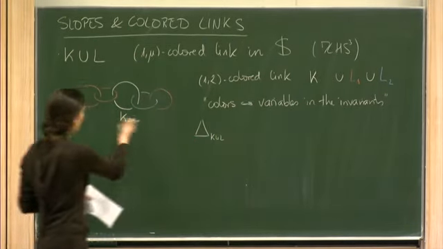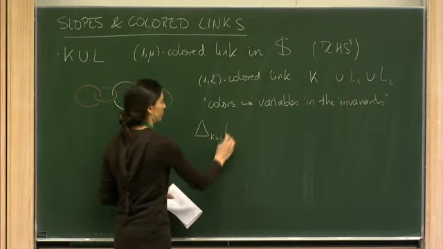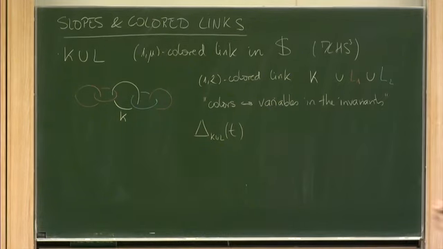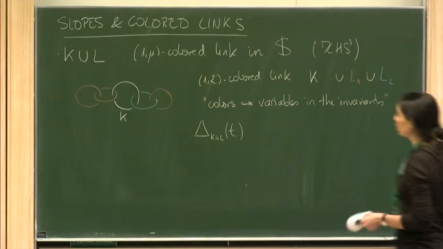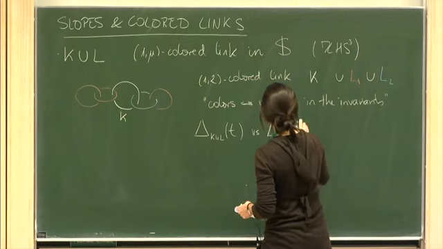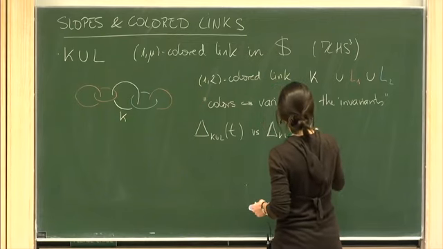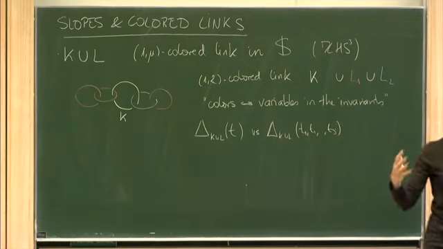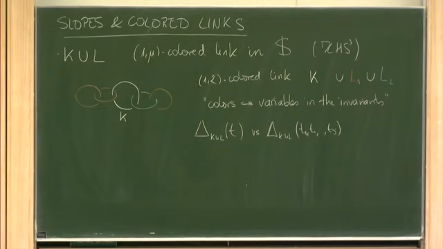I can consider K union L, and I consider the Alexander polynomial in one variable. What does that mean? You take a Seifert surface with 5 boundary components, and then you do the usual computation. You can also consider the Alexander polynomial of this link in 5 variables, 1 for each component, and that would mean that you just work with several Seifert surfaces, one with each boundary component.